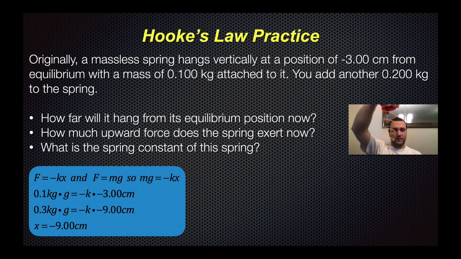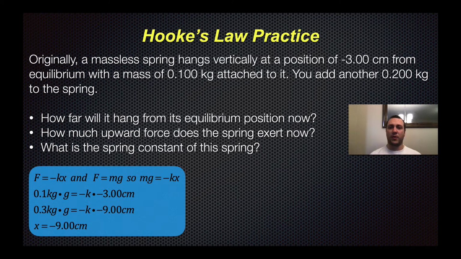It stretches down, the force has to be pulling back upward, but the weight is pulling it down. So the spring force is going to be equal and opposite to the weight that's hanging from it. Thus, we can set mg, the weight of the hanging mass, equal to negative kx because the spring force equals the weight.